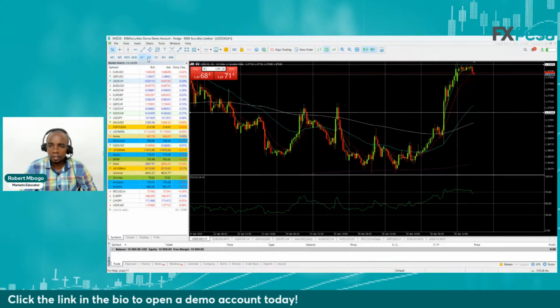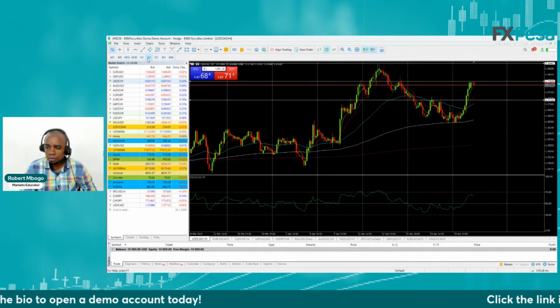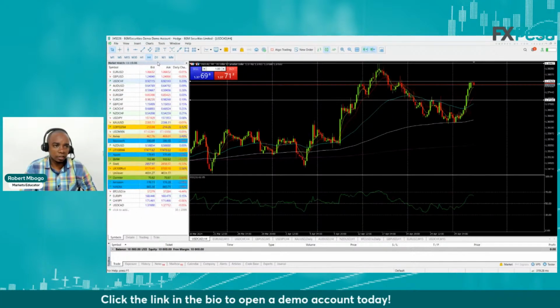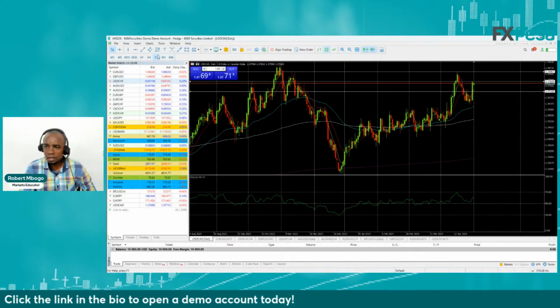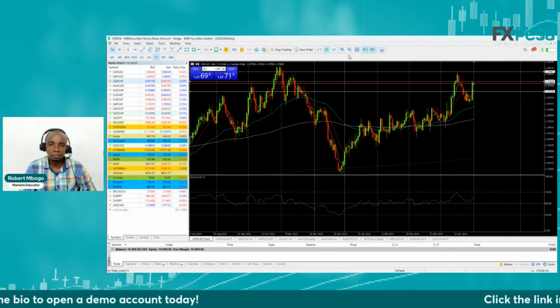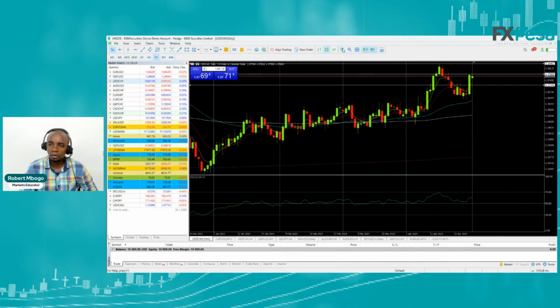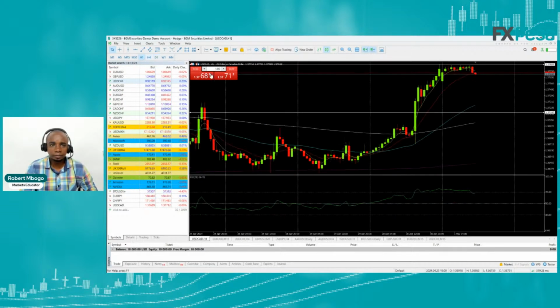So we need to look at some sweet spots that we could probably seek opportunities on. One of the areas that is really interesting on this particular setup is that we can see a lot of bullish momentum, but then again, how long will this be sustained?